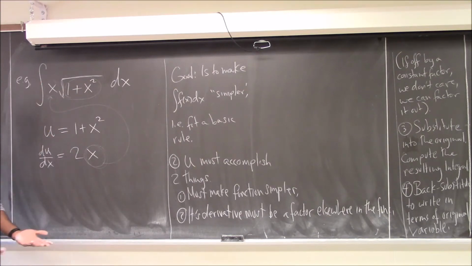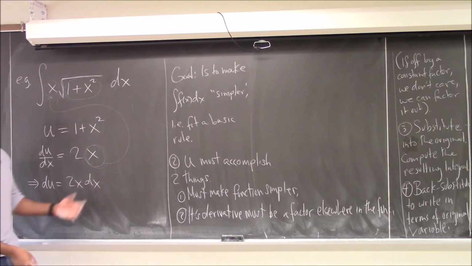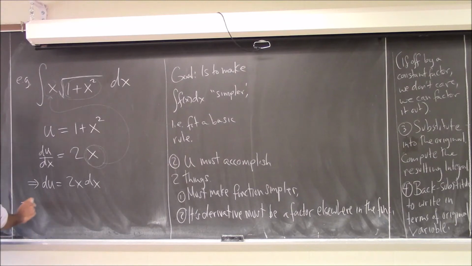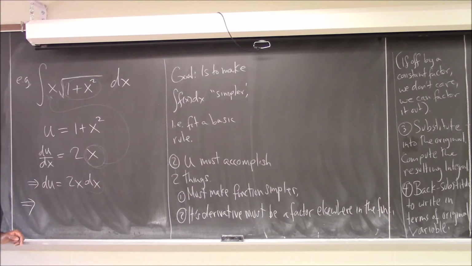It's very important that it's somewhere else in the function because we're going to be swapping things out. This equation tells us that our du is going to be 2x dx. Right? Or in other words, there are a couple ways we can do this. Probably the way that I found, I never really did it this way, but in experience from teaching and tutoring a lot of people, a lot of students like doing it this way, is that they choose to solve for the dx. So they'll divide both sides by 2x.